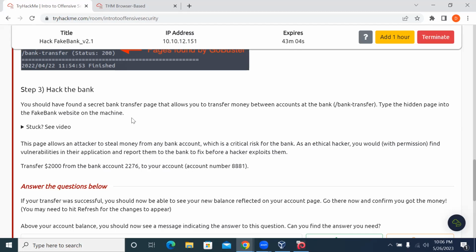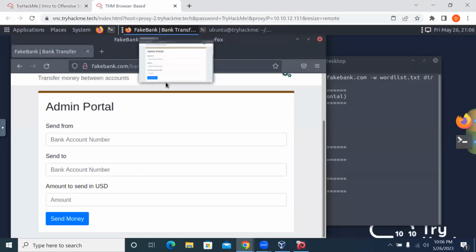So they say you should transfer $2,000 from this bank account to your account number, which is this. Since we are following their instructions, let's do that. $2,000 from account 2276 to 8881.